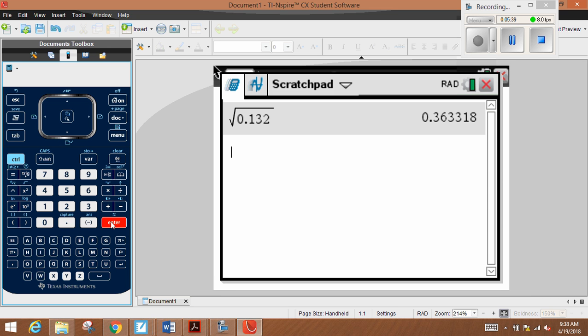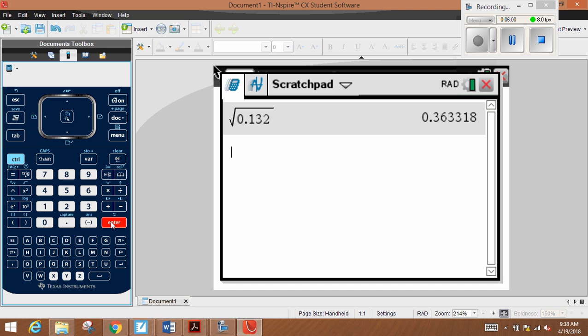I would say a moderately strong positive linear correlation between our explanatory variable, hours dining, and our response variable, tip.